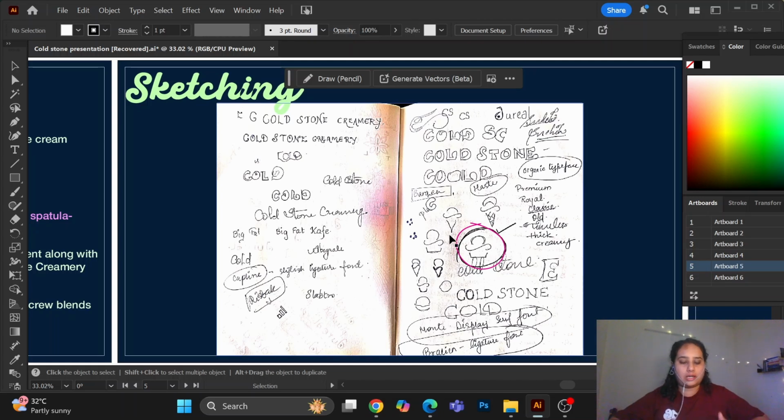So the next step, after I sketch an idea, and if I like it, is selecting the logo type, that is the main font for the logo type or the logo mark. Because in many cases I use the initials, especially in this case I am supposed to use the C and the S from the Cold Stone.